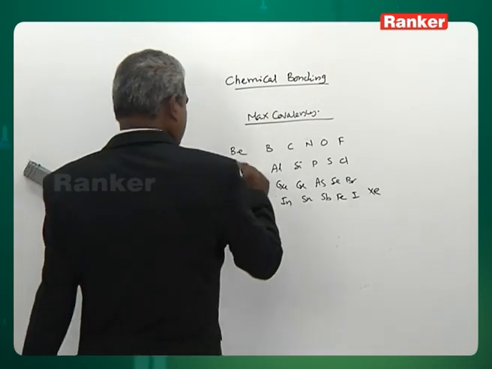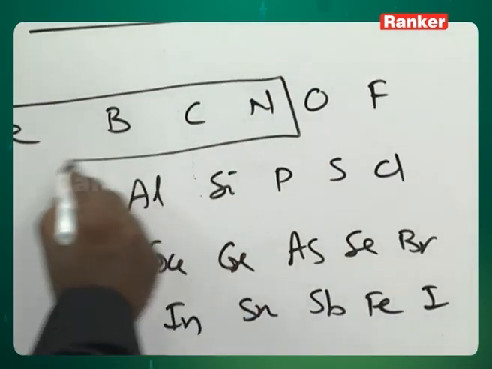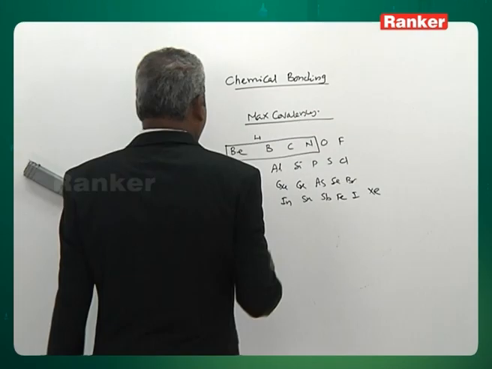So beryllium to nitrogen, second period elements, maximum covalency 4.